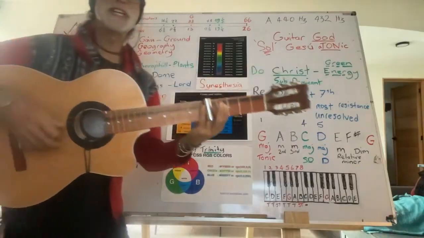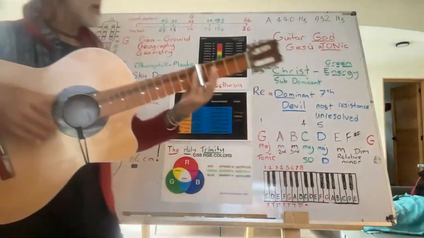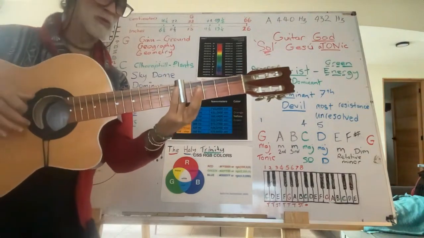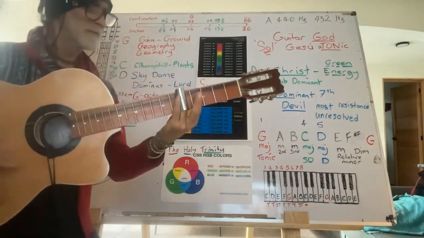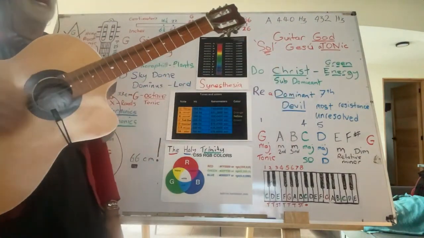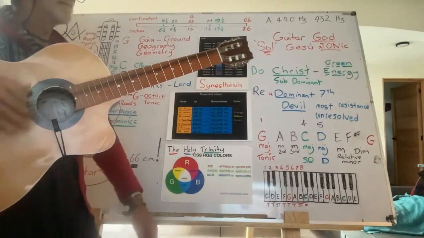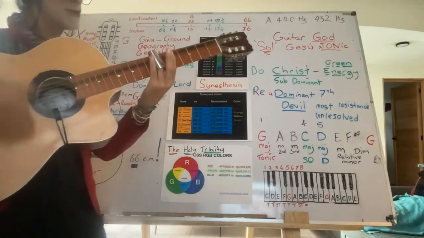Then I got green with envy. Woo! I got green, oh green. Then I got red angry, red hot angry. Woo! And that gave me the blues.